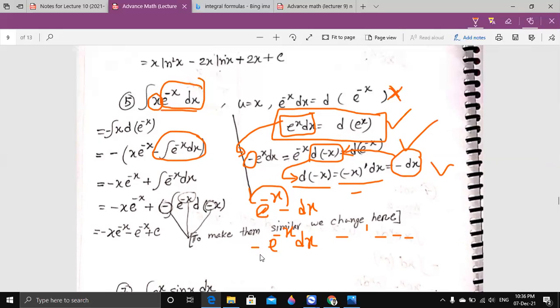We also know that we can take this minus out of the integration sign, right? So Topu, Lucy, Julian, do you understand? Hello? Yeah. Okay. I think it's a little complex.